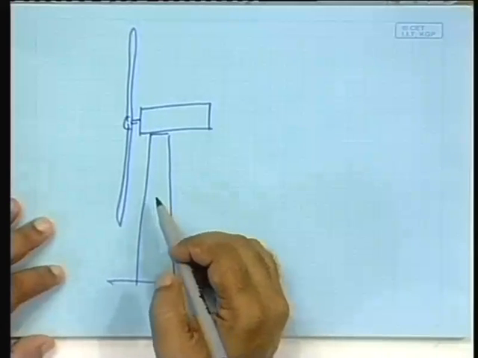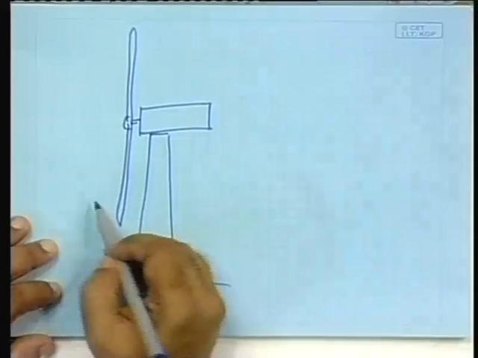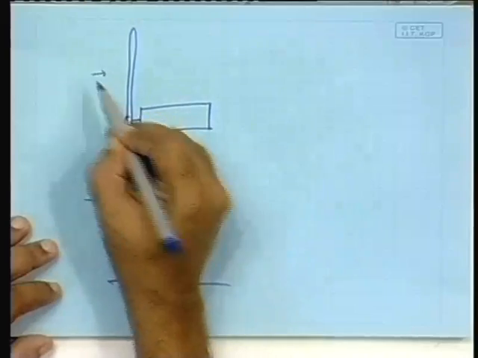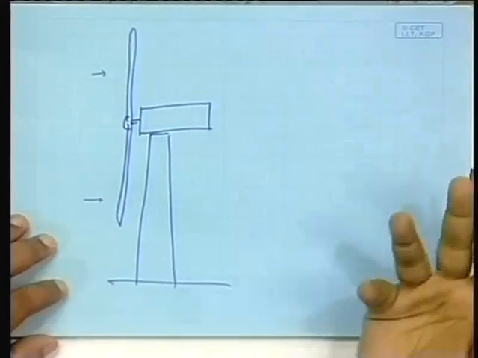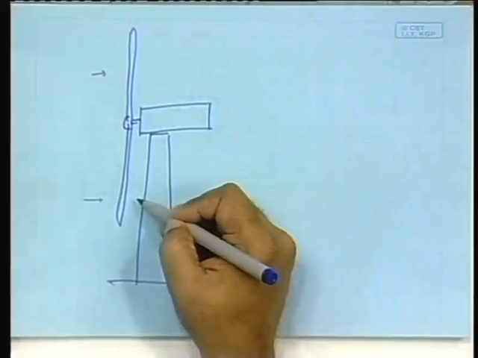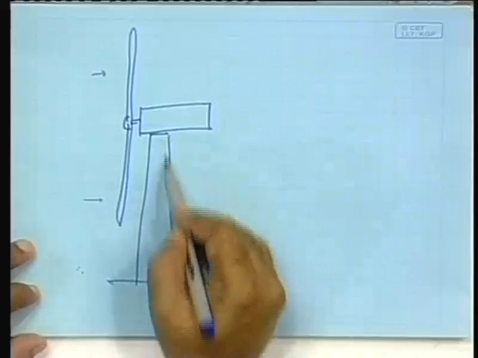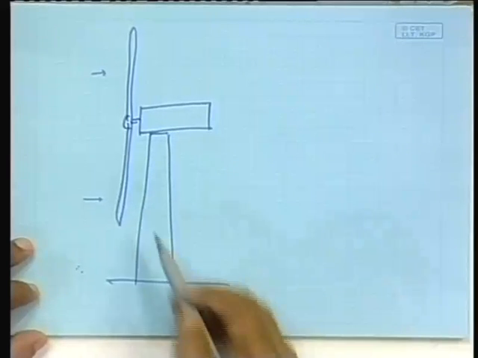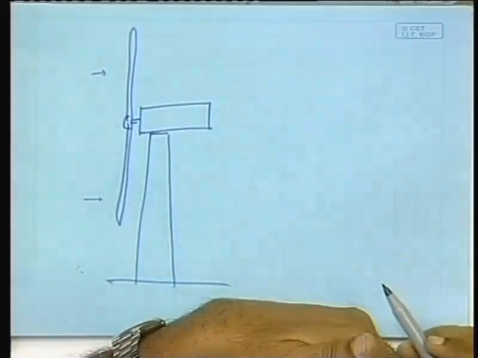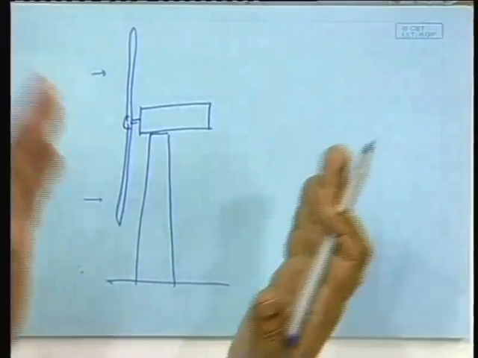Obviously, there are some rotors that work upwind like this, so that the wind comes from the front side. There are also rotors which are designed so that the wind comes from the other side. But in both cases, you will find that where the tower stands, when the blade passes in front of that, just behind it there is a tower. So, in front of the tower there will be disturbed wind, that is something like the tower shadow.